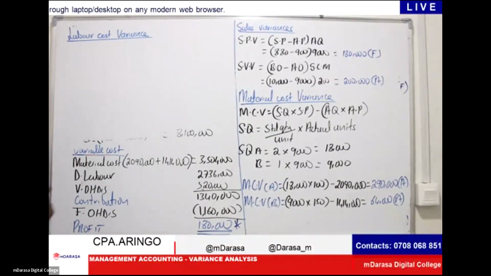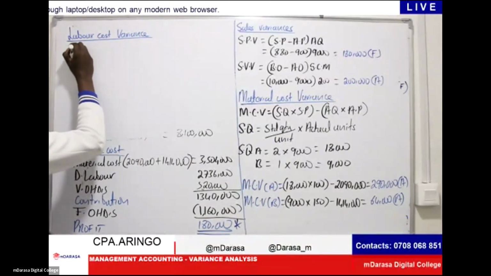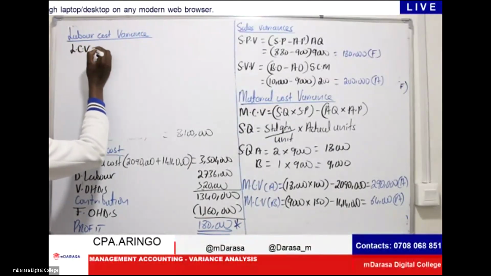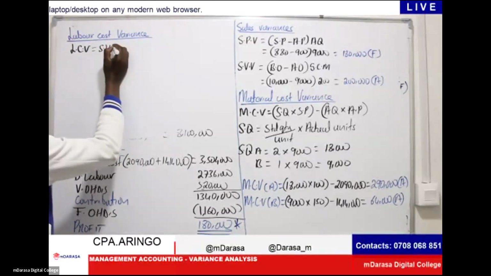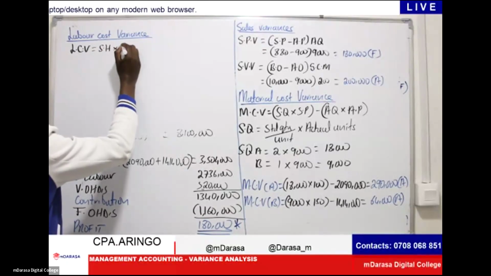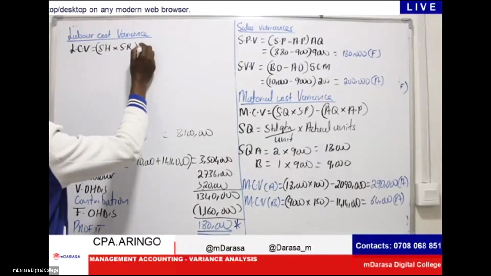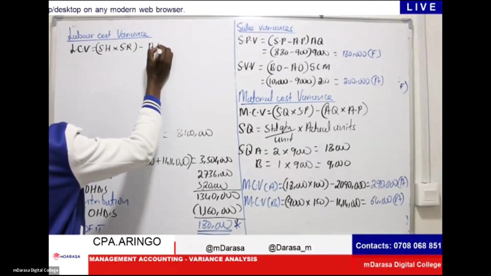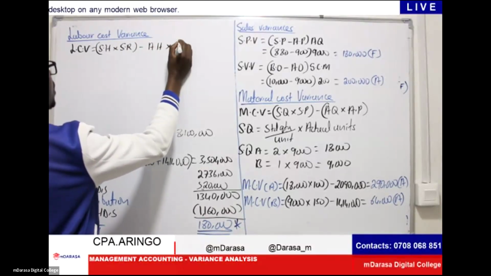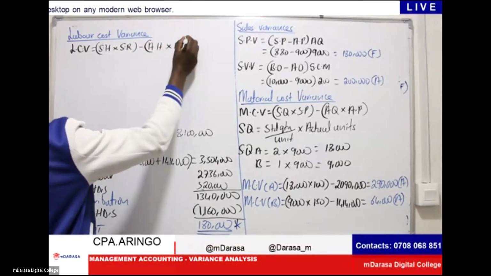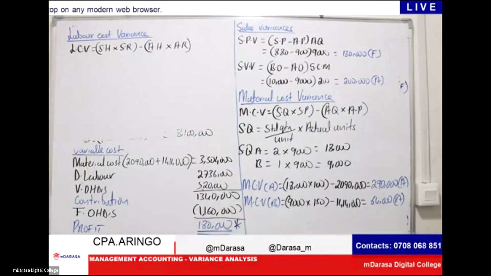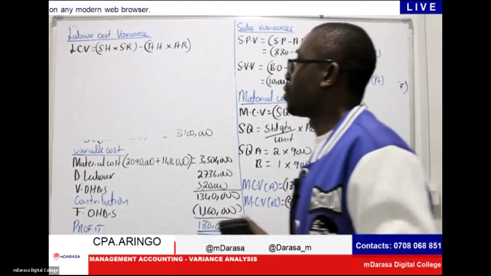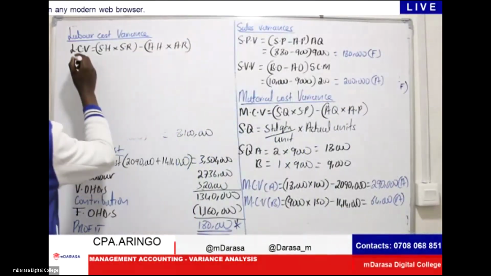Anytime we are required to determine our labor cost variance, we take our standard hours, which will never be given, times your standard rate, less your actual hours times your actual rate. This is what the teacher gave us. And that is what we can split into two: the labor rate and labor efficiency variance. Again, one thing that will stand out, you'll never be given SH.